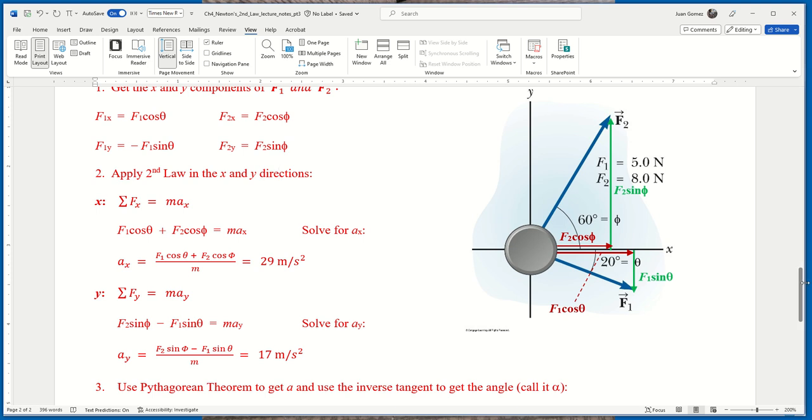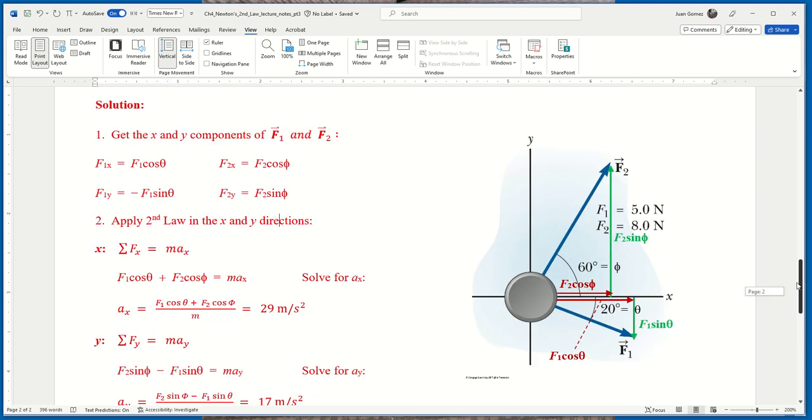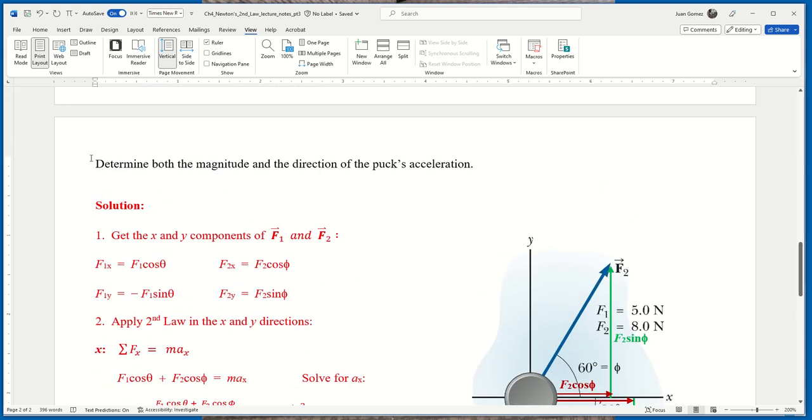Now, why am I solving for ax? Well, what does the problem ask me for? The problem says determine the magnitude and direction of the puck's acceleration. Meaning magnitude, Pythagorean theorem. To use the Pythagorean theorem, I need the x and y components. Direction, meaning I want the quadrant and the angle.